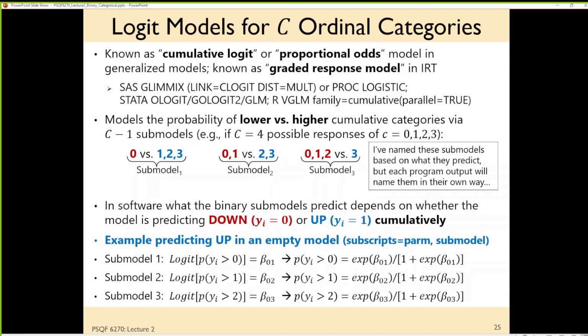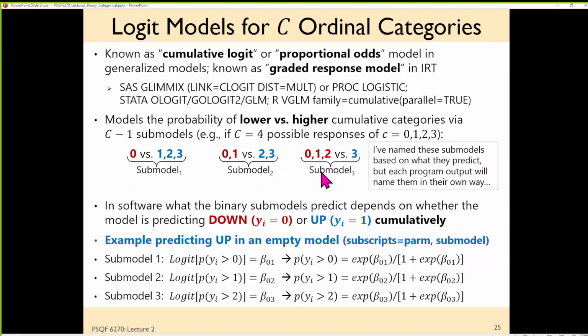So your job, what makes this confusing, is keeping track of exactly what y is for any given parameter, because y could be the logit of picking something above 0, above 1, or above 2.